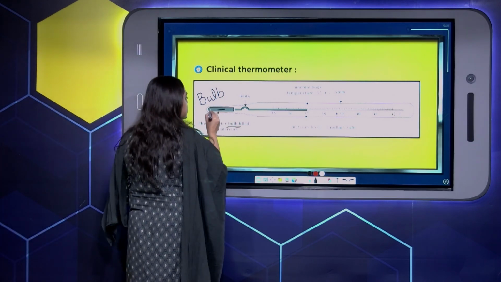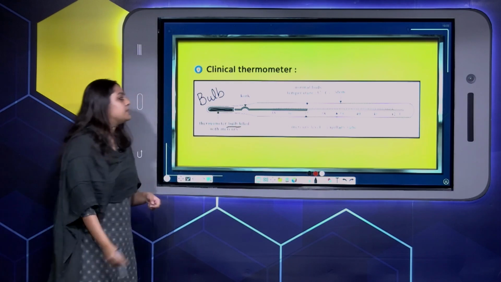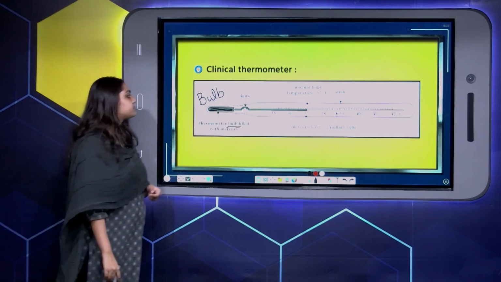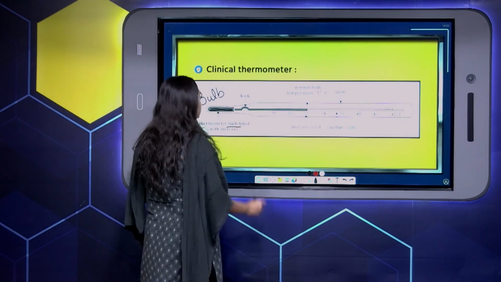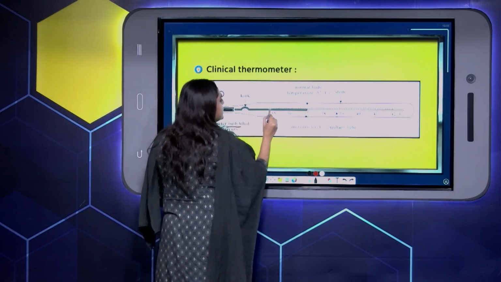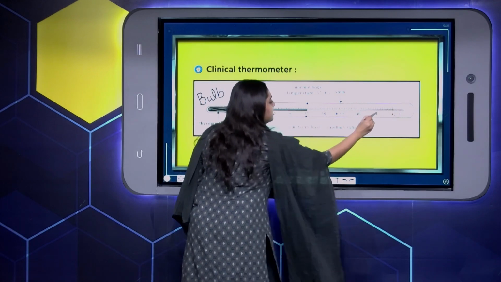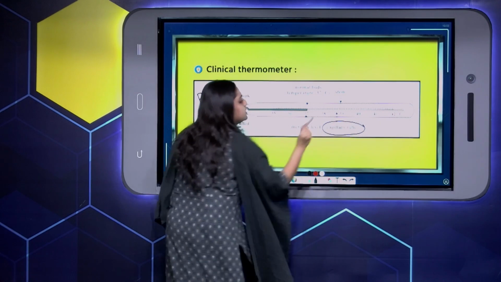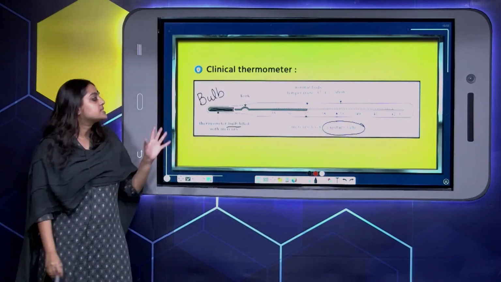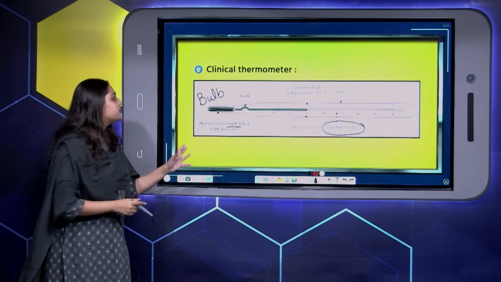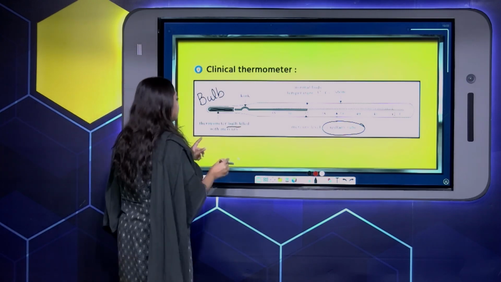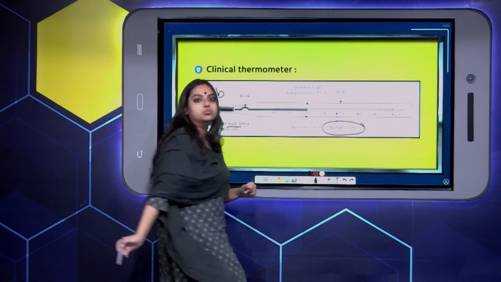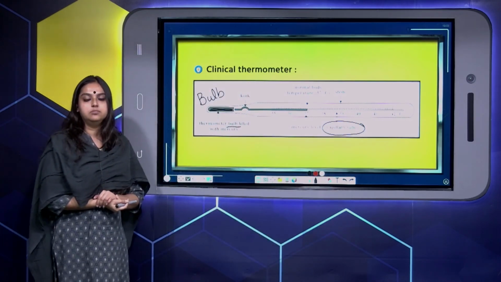So here it is, this portion is basically mercury, right? Now we see that there is a thin tube here which is known as the capillary tube. Why is this tube here? This tube is here so that the mercury flows inside the tube, right?